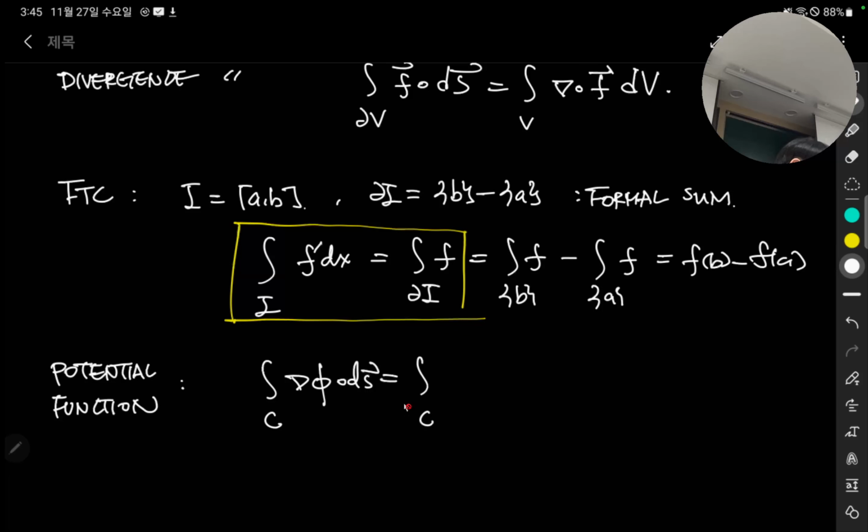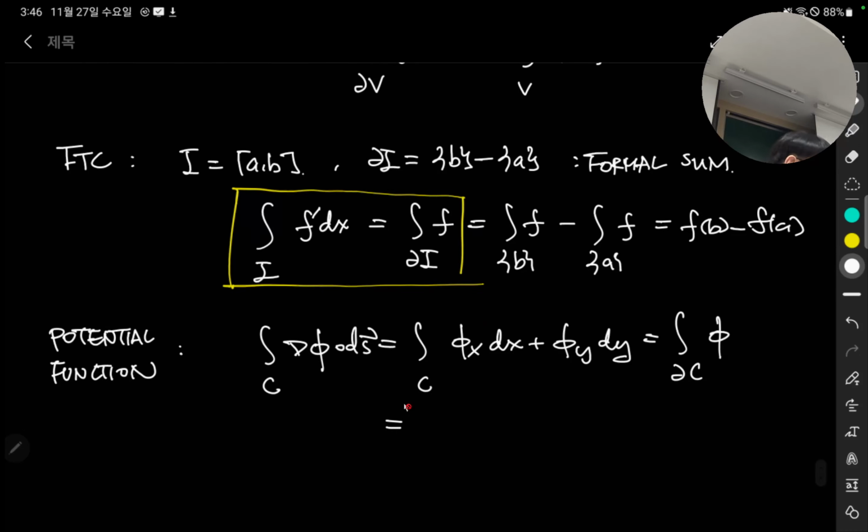So it's the integration of phi x dx and phi y dy. That's my integration. And what does the right hand side say? It's the boundary of C integrating the potential function.